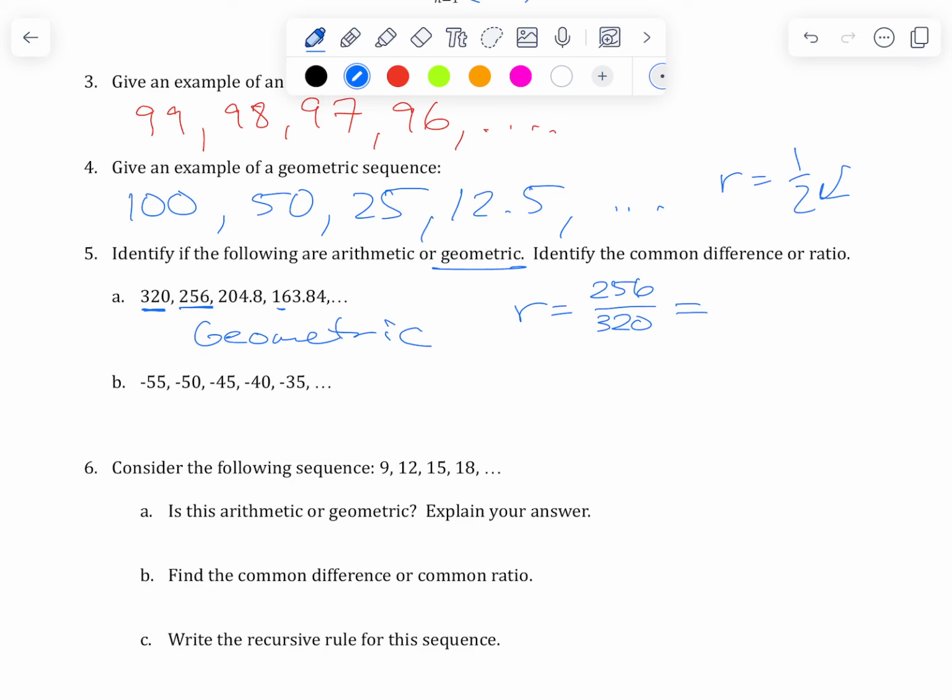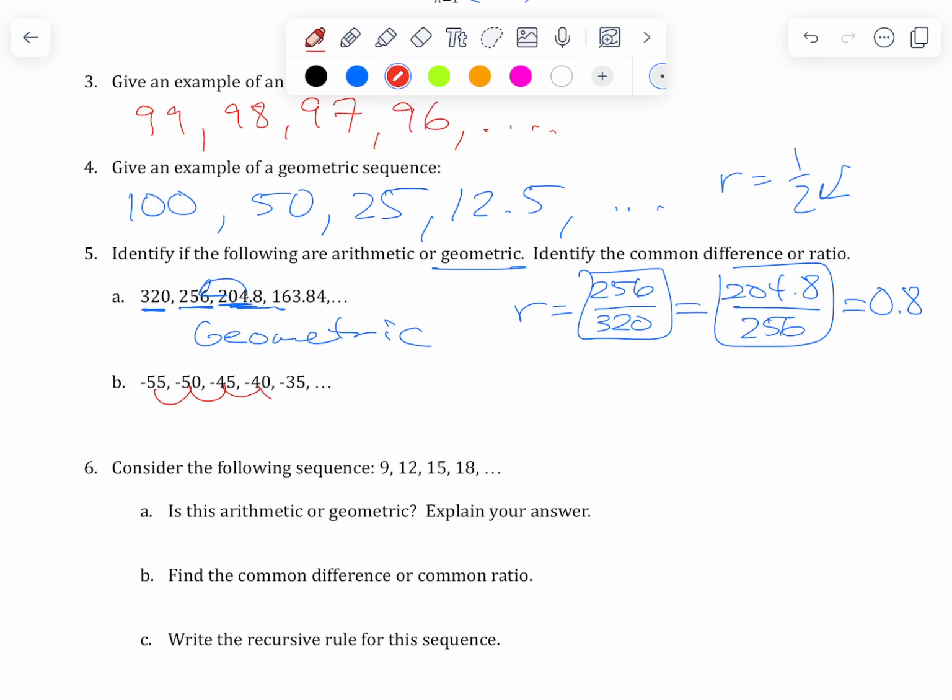And that works. So if I take this number 204.8, and then I divide by the number in front of it, which is 256, you'll see you get the same answer that you do here, and it's 0.8. I've done it before on the calculator, but you can check it.